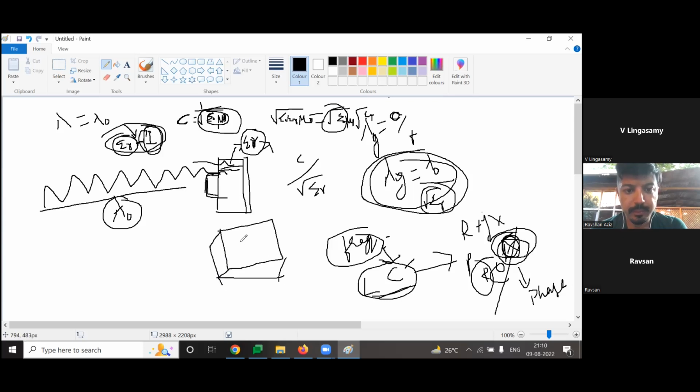Initially they made holes in the dielectric like this. By controlling the diameter and the spacing between the holes, they controlled the overall effective dielectric constant of this particular material. Okay, the effective dielectric constant of the material.